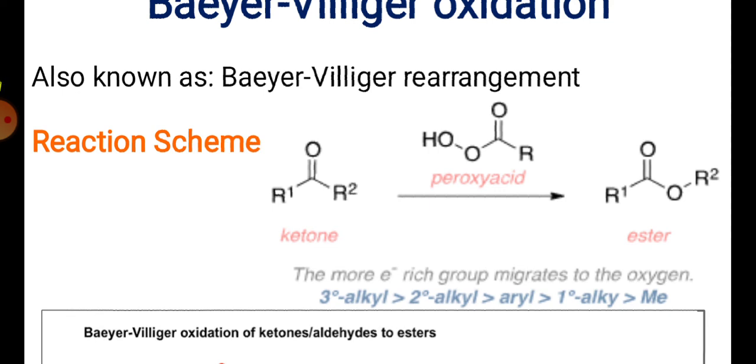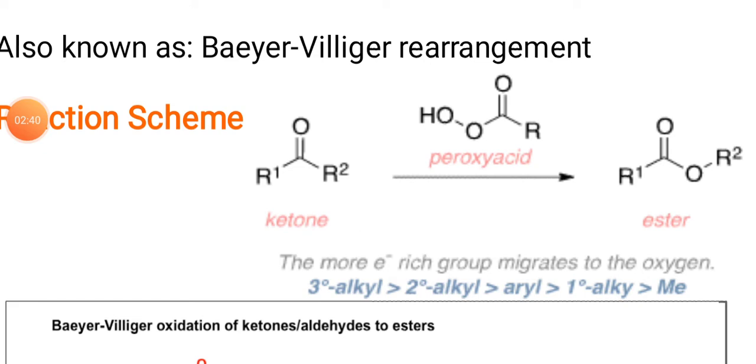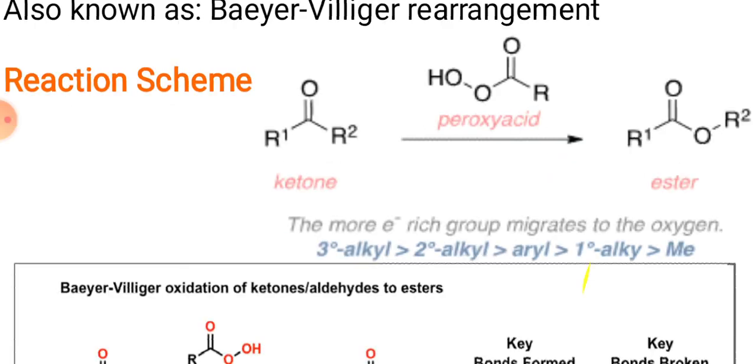Based on that, the order is given: a tertiary alkyl group has better migrating aptitude than secondary, then aryl, then primary, and finally the methyl group. So this is a simple oxidation reaction where the oxygen is inserted at the more electron rich site of the carbonyl group.